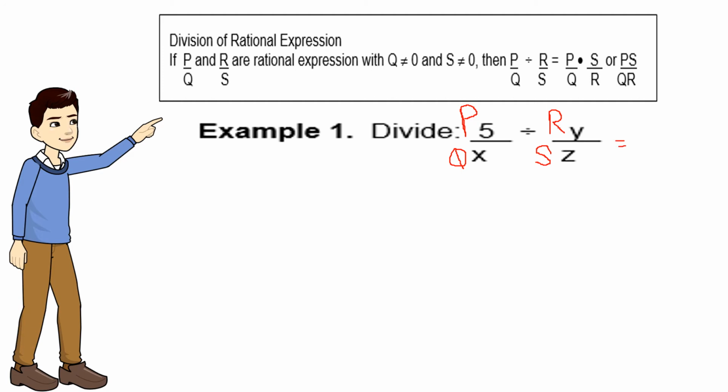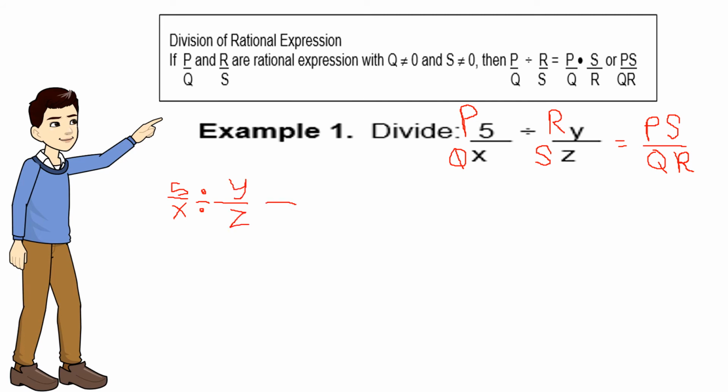Then, ang gagawin daw doon ay PS over QR. Dapat ito yung susundan natin. Yan. So, we have 5 over x divided by y over z.